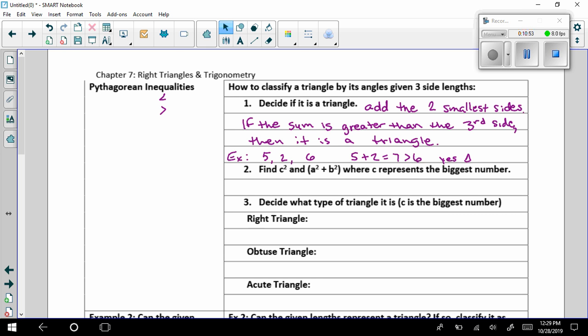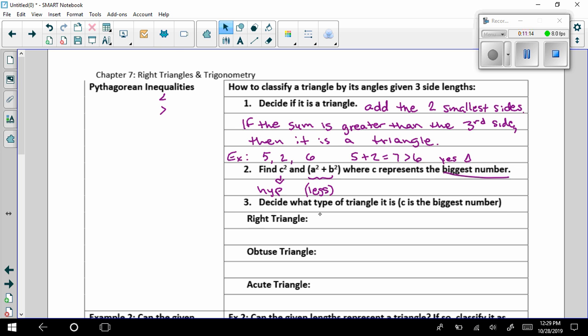All right, so then we can classify the triangle in terms of its angles, right? Obtuse or acute. So we find c squared, remembering that c squared is the biggest number, which is your hypotenuse. And we look for a squared plus b squared, which is the sum of the legs squared.